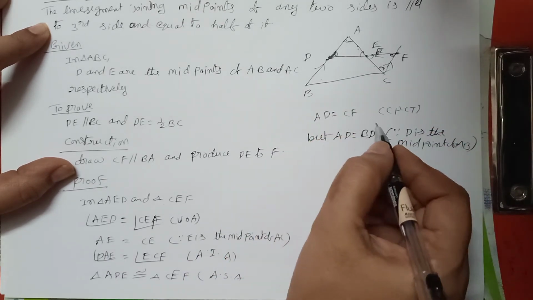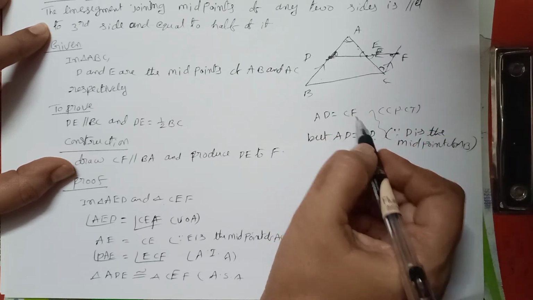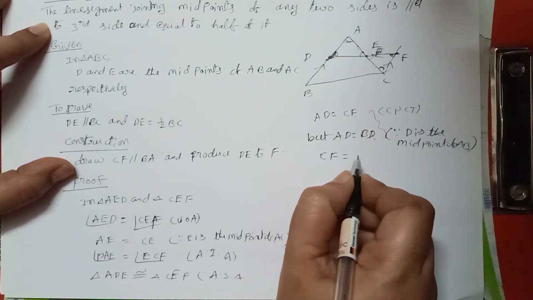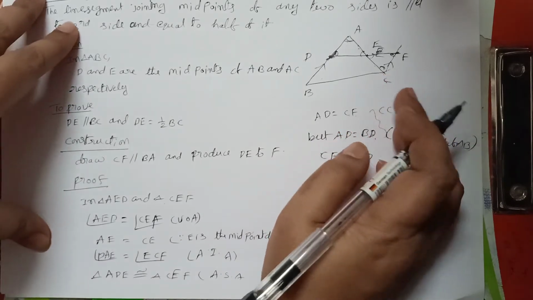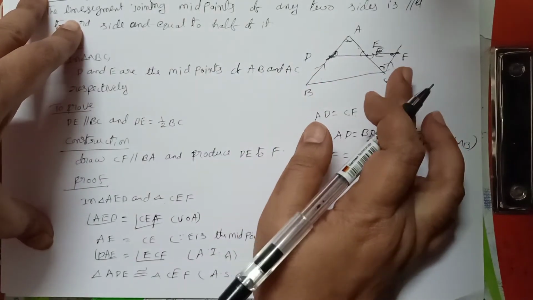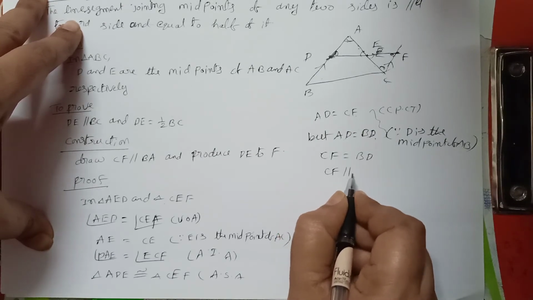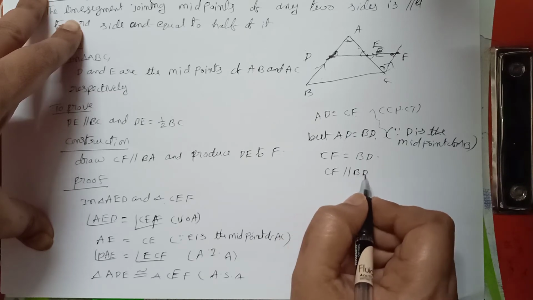From these two, we can write AD is equal to CF, AD is equal to BD. So, we can write CF is equal to BD. And CF parallel to BA means CF parallel to BD also. CF is equal to BD, CF parallel to BD.